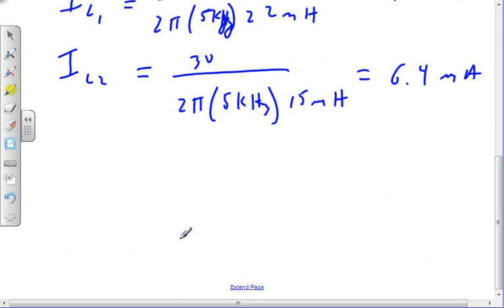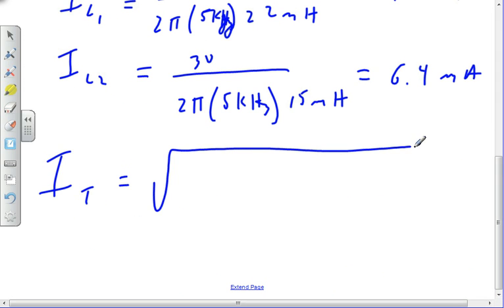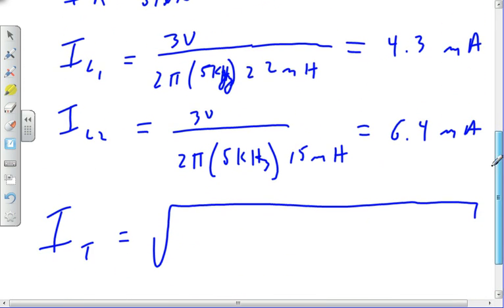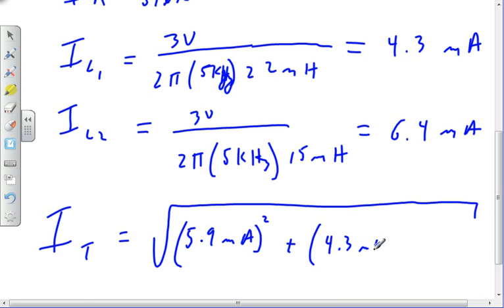Now I need to find total current. Current total equals the square root of 5.9 milliamps squared plus 4.6 milliamps plus 6.2 milliamps, the quantity squared.